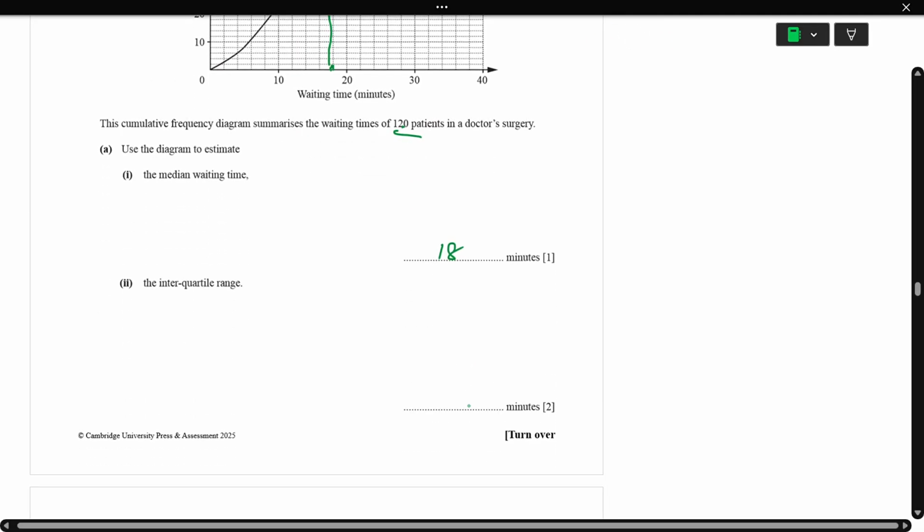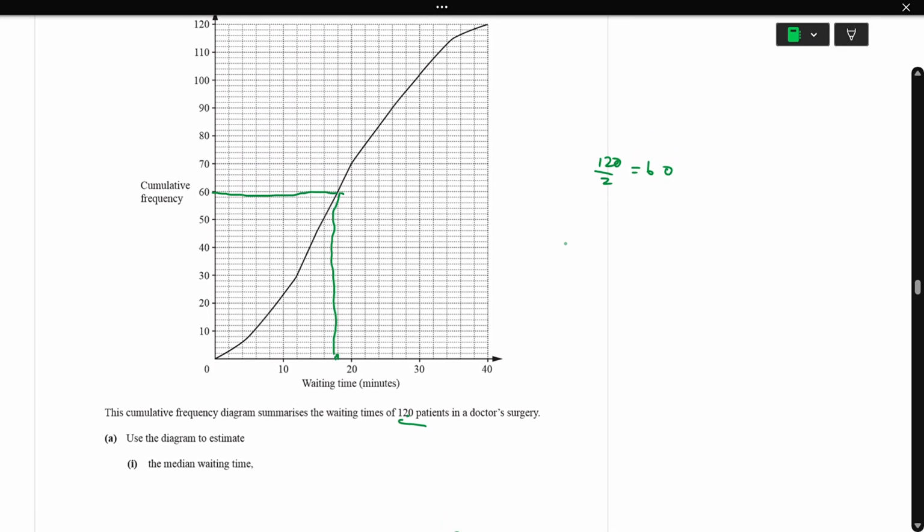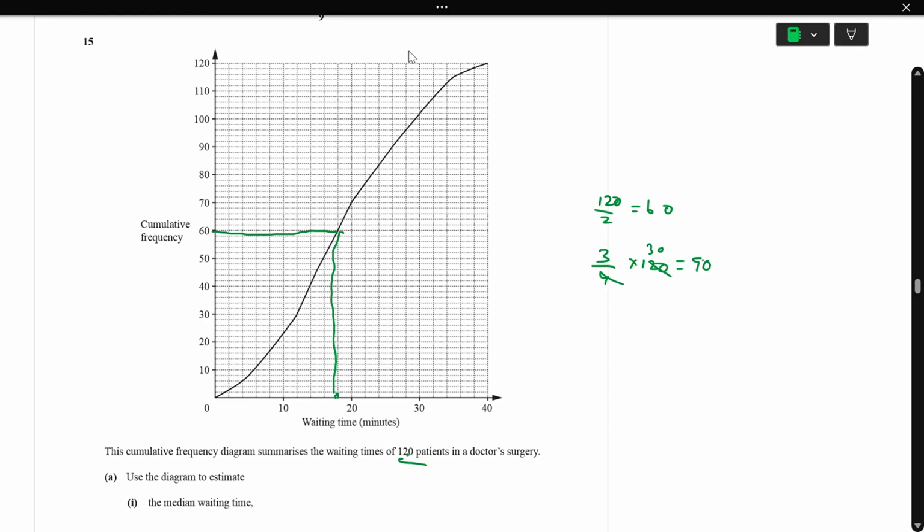Next, the interquartile range. Interquartile range is the upper quartile minus the lower quartile. The upper quartile is 3/4 of 120, which is 90. So we need to check 90 here. When we draw a line to 90, we'll get this line. We have to use a ruler, which gives 26.